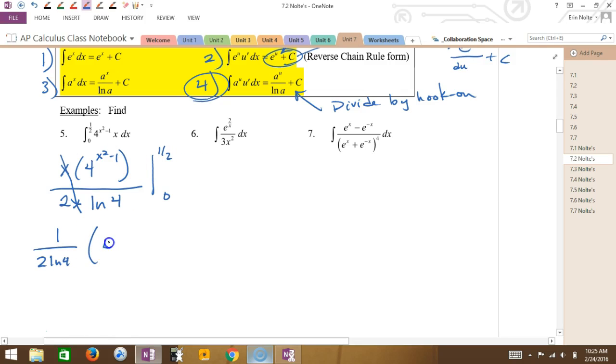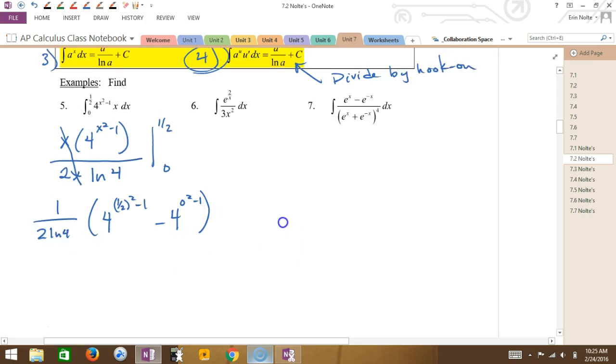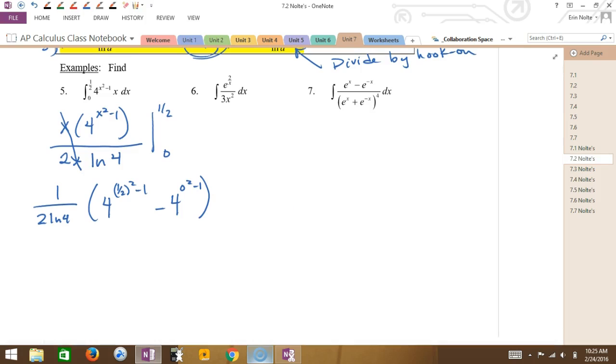So now I'm going to plug in the big. So I have 1/2 squared minus 1. I'm just plugging it in. Big minus little. It says find.